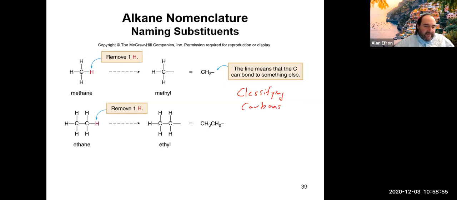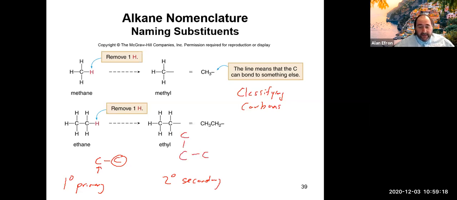Carbons can be classified as primary carbons. And that basically is a carbon that's attached, surprisingly, to one other carbon. There are secondary carbons. And secondary carbons, like the name implies, is a carbon that's attached directly to two other carbons.